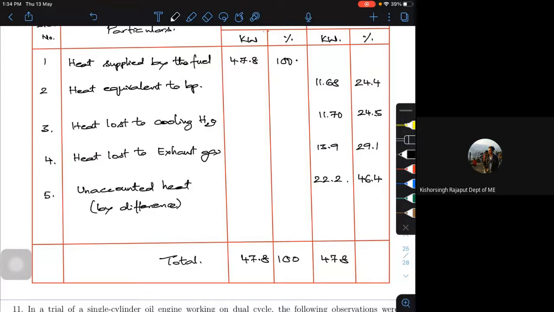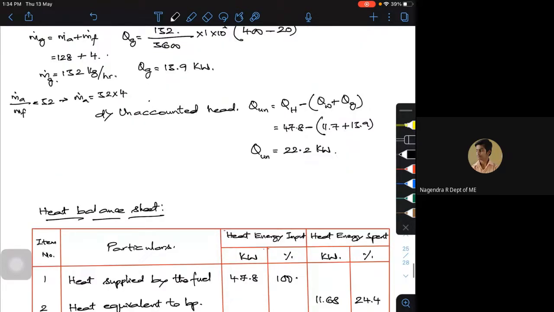Sir, it's mismatching. How much is it? 59.48. Why? Sir, in unaccounted heat, we had BP. Oh, BP we missed out, no? Yes, so BP we missed out. BP is also there.